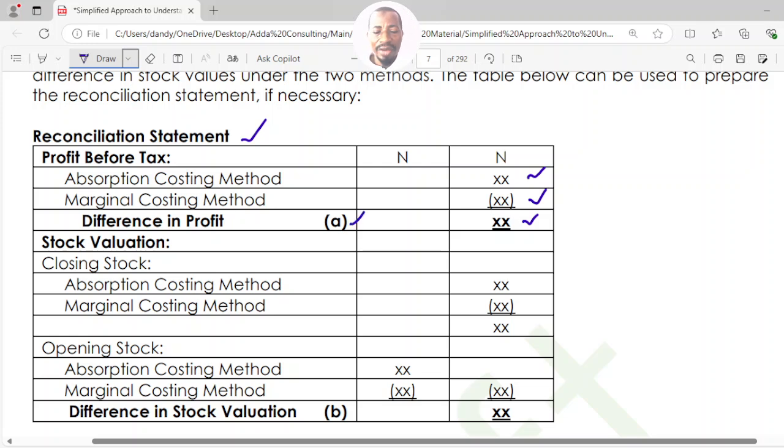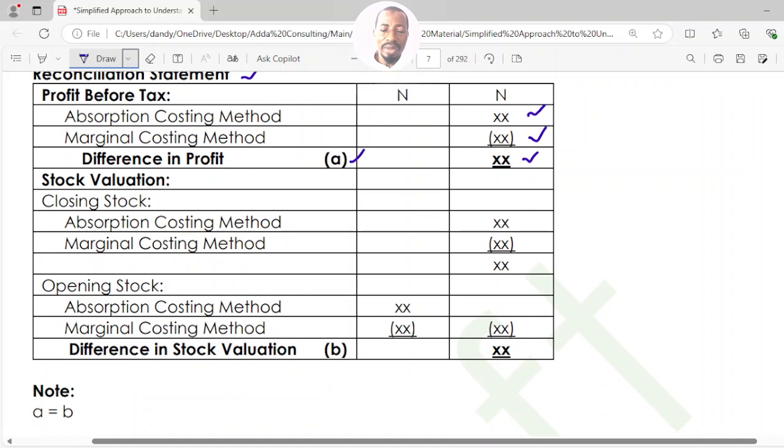Now that I've found the difference in profits, I need to find the difference in stock valuation. For the stock valuation, the first item to consider is the closing stock. I will pick the stock value under the absorption costing method, less the stock value under the marginal costing approach.